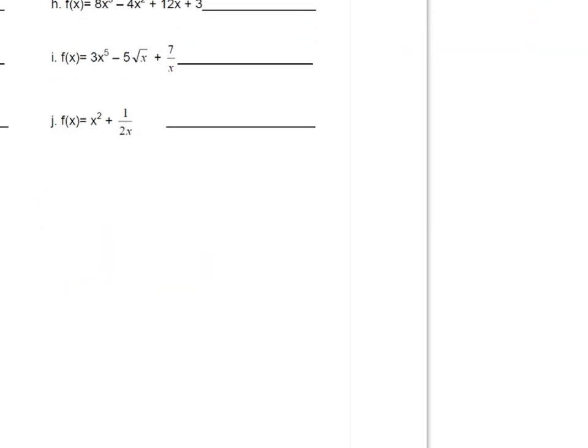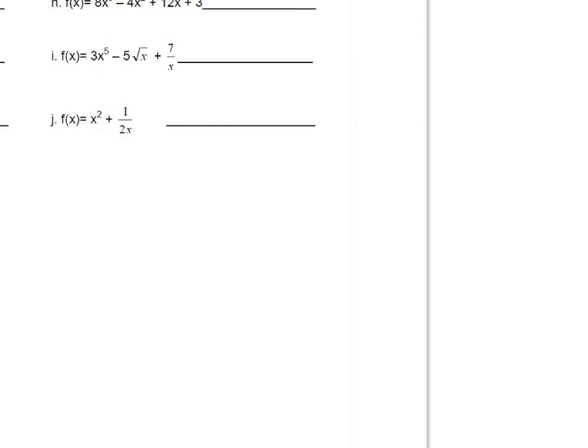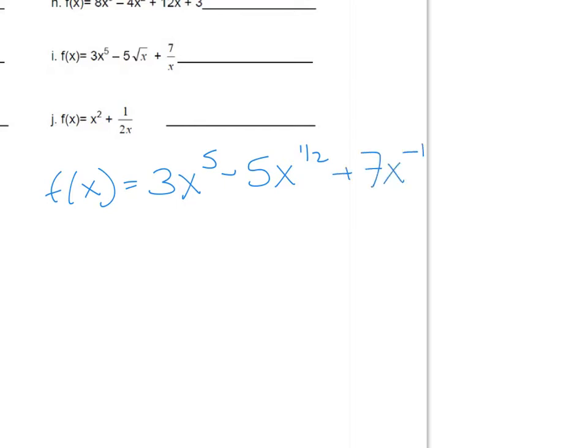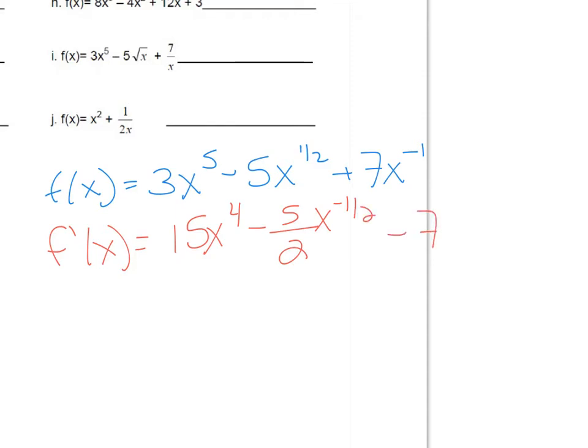And now for I, similar to the warm-up question, but before I can do anything, let me rewrite the original so that we only have positive exponents. Okay, so now the derivative is 15x to the fourth minus 5 over 2x to the negative 1/2 minus 7x to the negative 2.